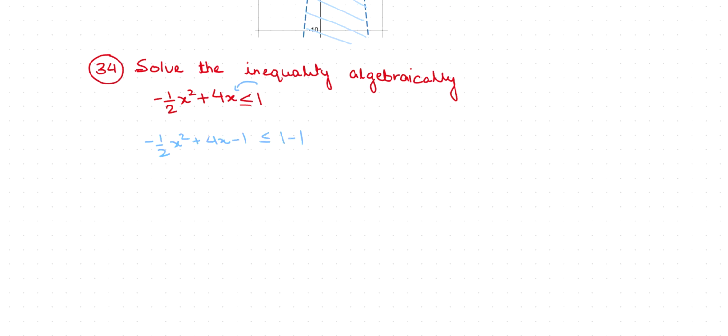Subtracting 1 from both sides will give us 0 on the right hand side. Now we can multiply the whole equation by 2 to make the numbers a little easier.